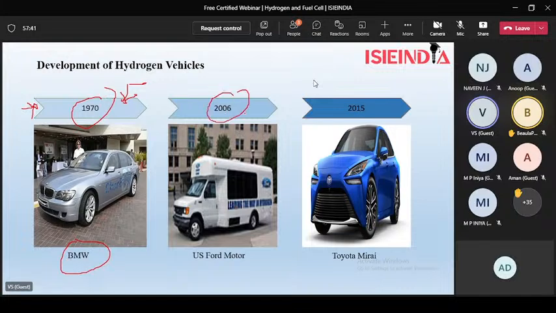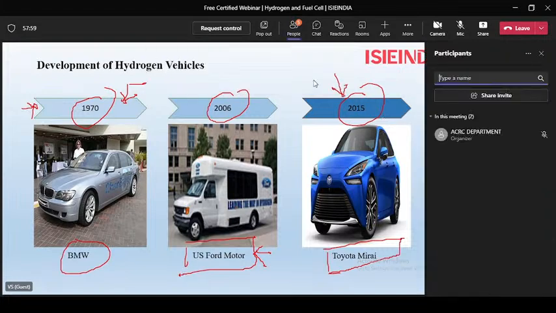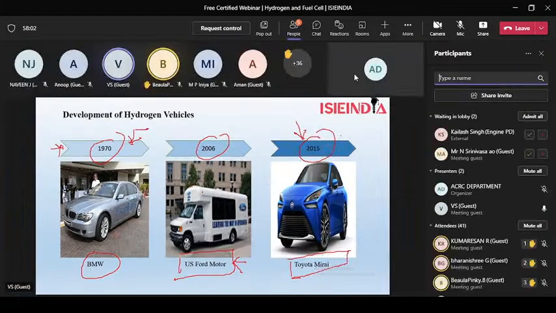And in 2006, US Ford Motor launched a shuttle bus based on a hydrogen engine. And now coming to the commercial, Toyota Mirai is the first commercial vehicle. I will be talking more about this vehicle, like its working, its specification, and many more.